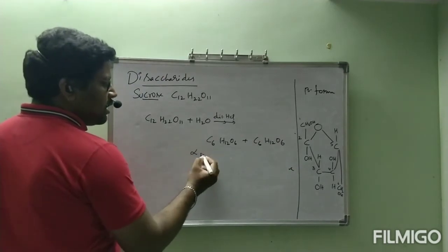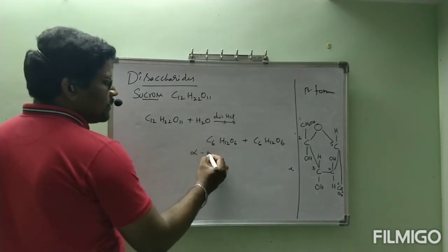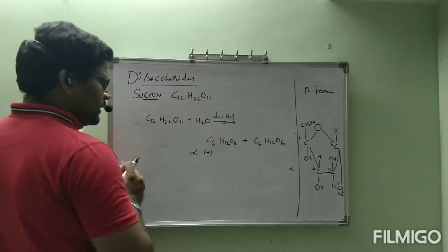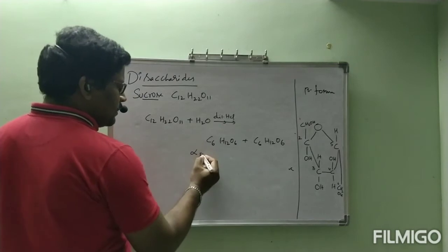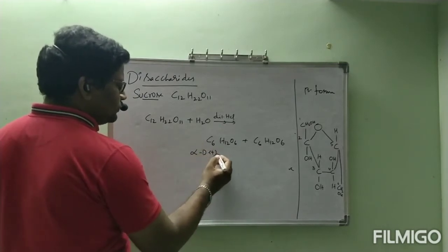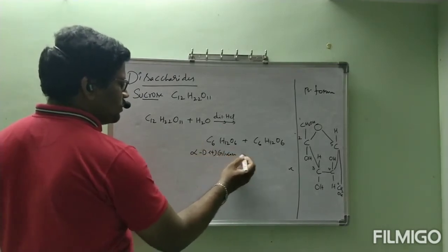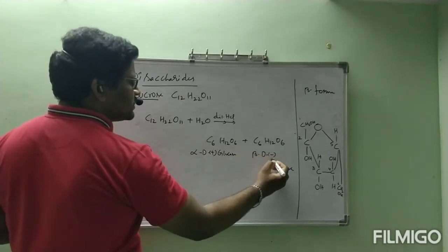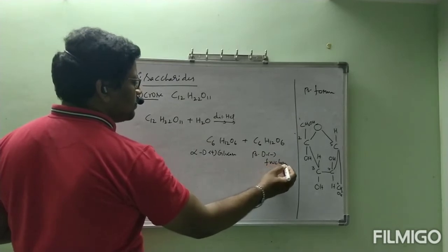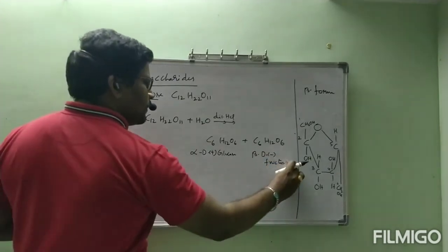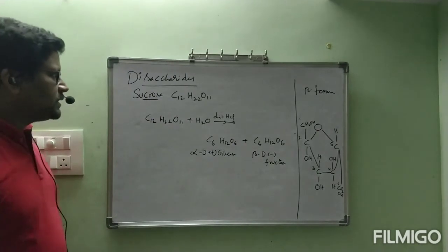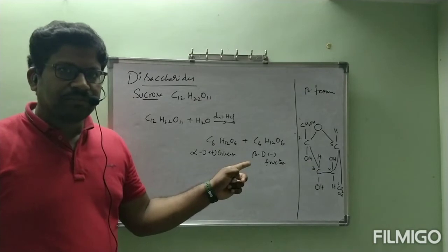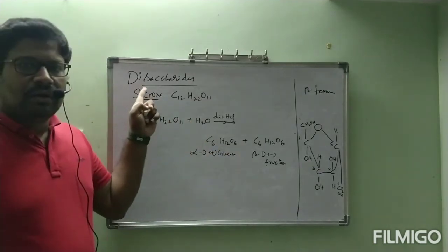This is alpha plus capital D glucose and this is beta capital D minus fructose. What are the monomers present? Sucrose on hydrolysis gives 2 further carbohydrates. That's why it is called a disaccharide.